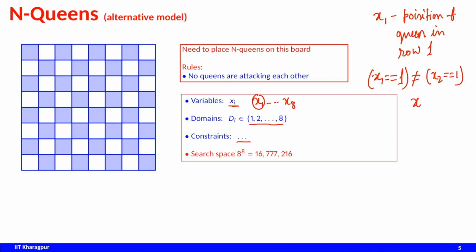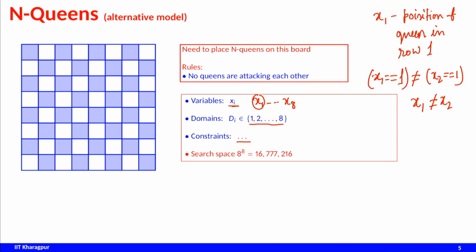So effectively I can say x1 is not equal to x2, because whatever value you choose, x1 and x2 cannot have the same value. Fine. Similarly, that is one of the things.